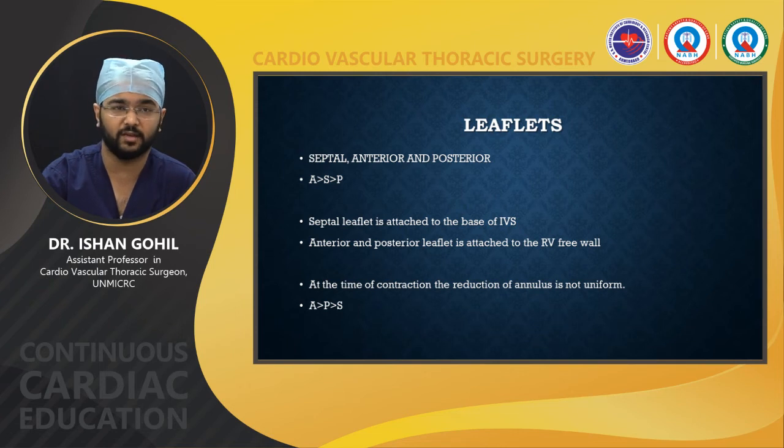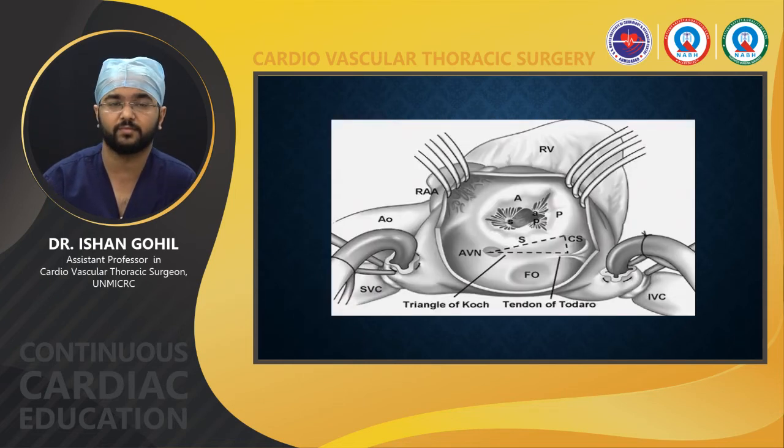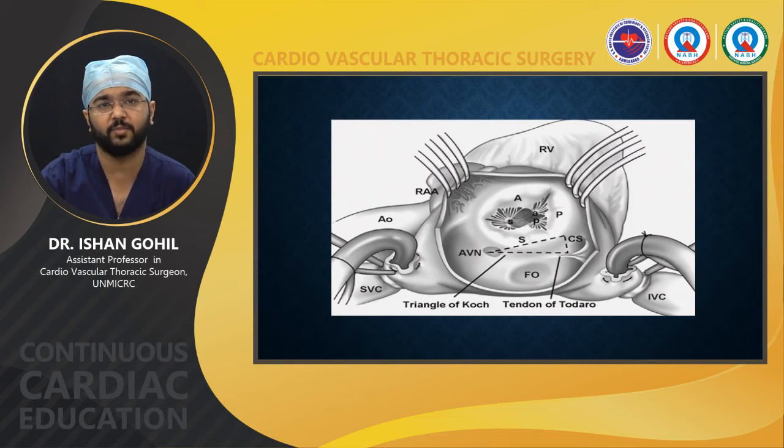As opposed to that, the free wall decreases in length, so the ATL and PTL, the anterior and posterior leaflets, decrease in size. So one needs to understand this figure. It has the crux of the anatomy of the tricuspid valve and the RA also. These are the structures related to the tricuspid valve which need to be taken care of and not injured during any surgery of the tricuspid valve.